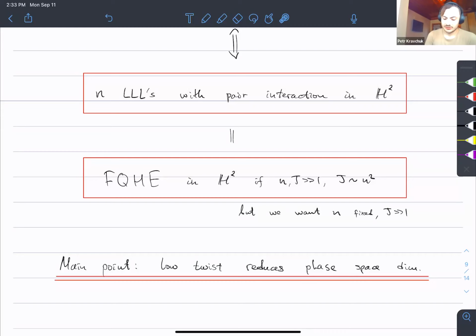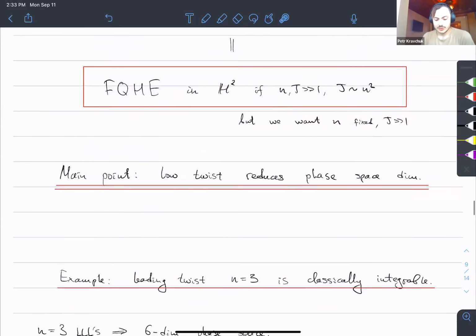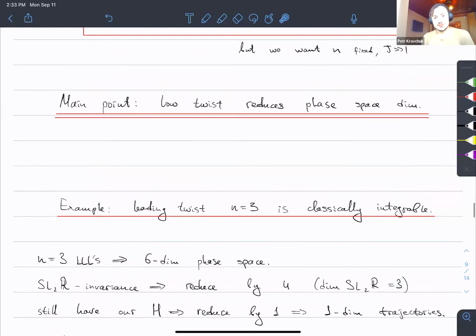And this actually has an interesting consequence, which I did not expect at all, which is that if you look at the leading twist for 3 particles, then this problem is just classically integrable. Because in that case, you have 3 lowest Landau levels in this hyperbolic plane, which means you have a 6-dimensional phase space.